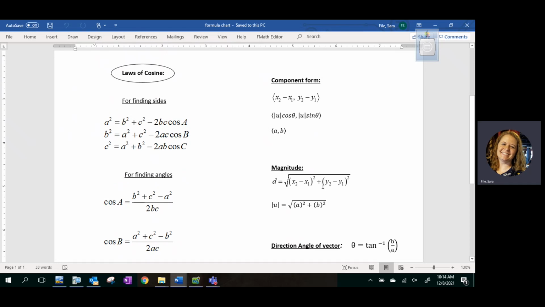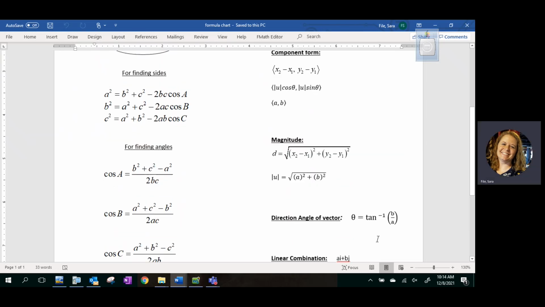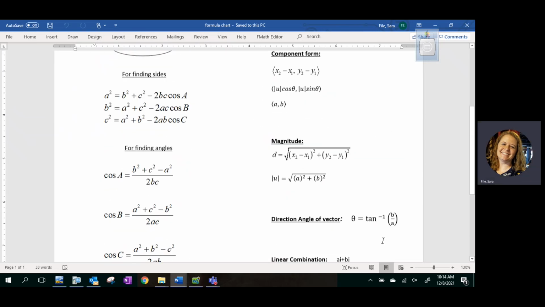To get magnitude from initial and terminal point is distance formula. Or if you know component form, it's just a squared plus b squared under the square root. And then the direction angle is inverse tangent of b over a. And linear combination is ai plus bj. Okay, so that's what you're going to be given on this Unit 4 test.